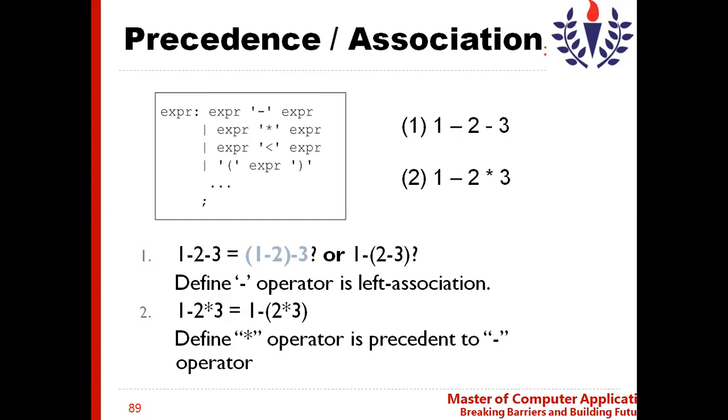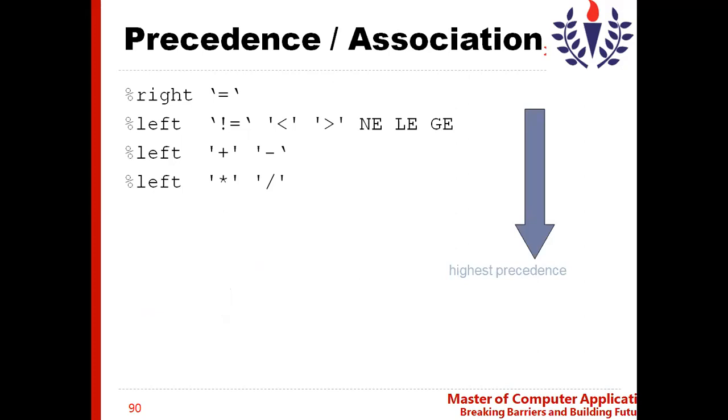That's where we use the keywords %left and %right. Using these keywords, we instruct the yacc program to follow the associativity and also the precedence.